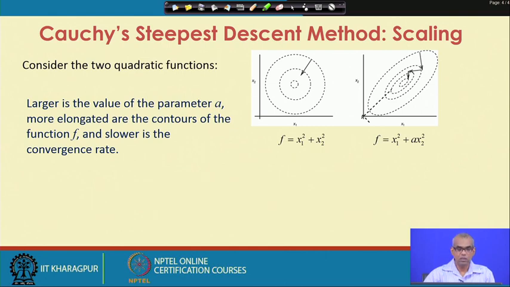Now, if I consider the second function, which is x1 square plus a x2 square, then depending on the value of the parameter a, the contours may be circular or may be elongated. If a equal to 1, this equation reduces to the first equation and the contours become circular. But if I take a large value of a, the contours will be elongated as shown.